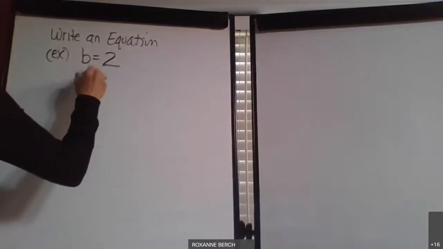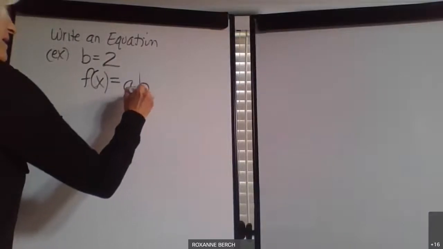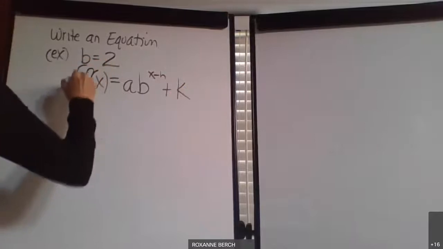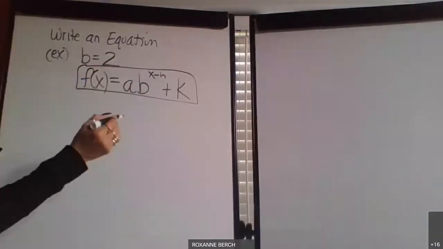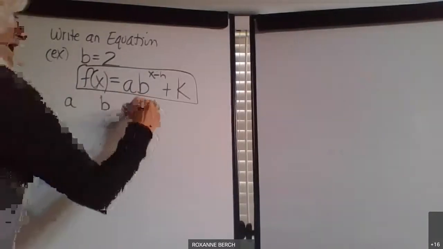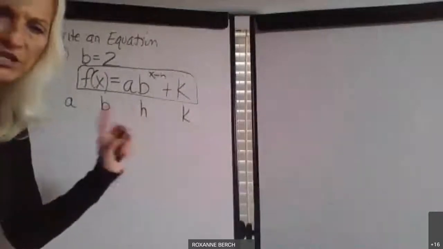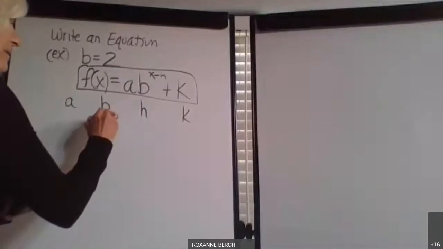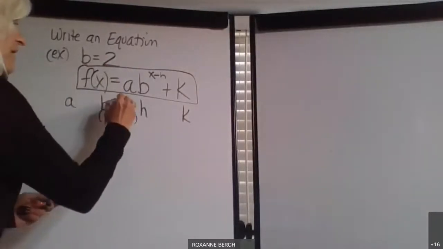And I would write down the function. It's a times b to the x minus h plus k. And just like before, we're going to find a, b, h, and k, but this b is not a horizontal stretch or compression. The b that they're asking for now is the parent. So they're giving us the parent being 2.